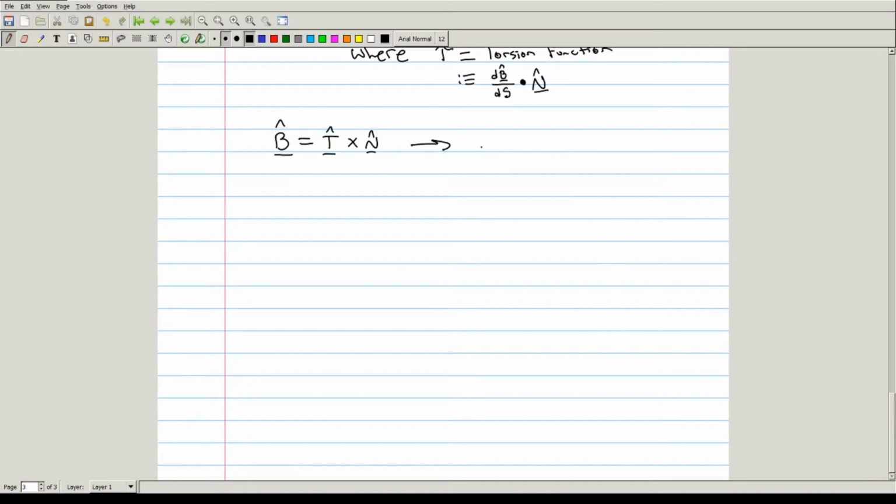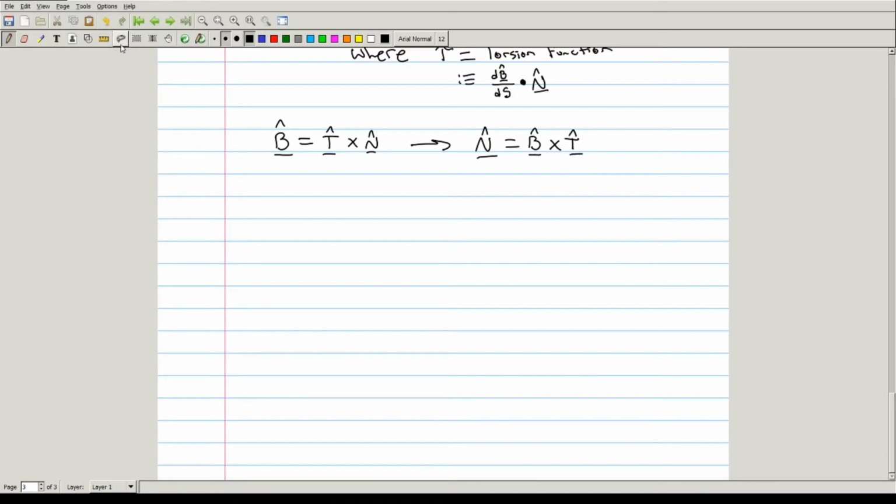Therefore, using our nice property of the cross product, we can cycle this a few times, and we also have that the normal vector will be equal to the cross product of the binormal vector and the tangent vector.